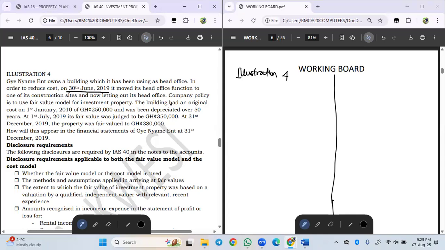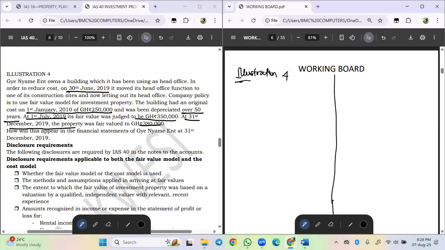The building had an original cost on 1st January 2010 of 250,000 Ghana cedis and was being depreciated over 50 years. At 1st July 2019, its fair value was judged to be 350,000. At 31st December 2019, the property was fair valued at 380,000. How will this appear in the financial statements of Junior May Enterprise at 31st December 2019?